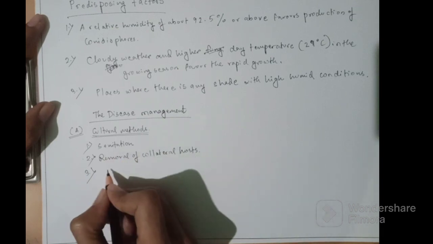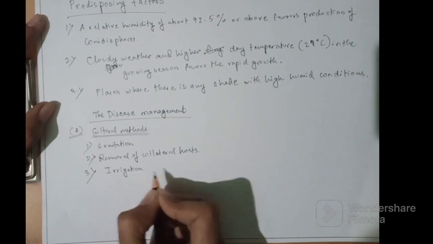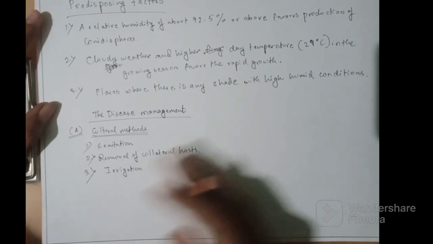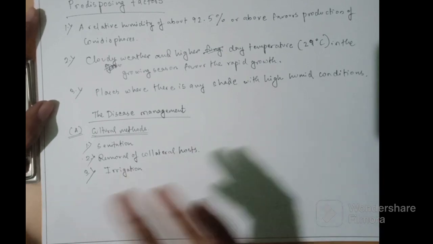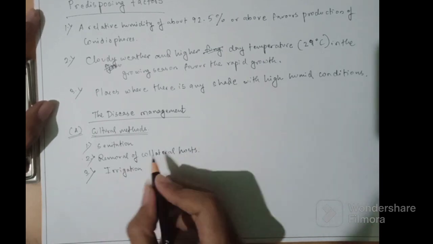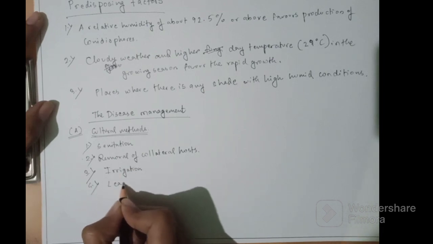And lastly, irrigation of water. Enough irrigation of water is required for removal of the infected areas from the field without any disease. And then leaching of metals.